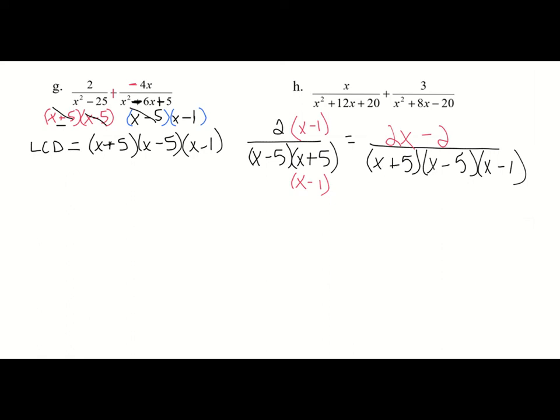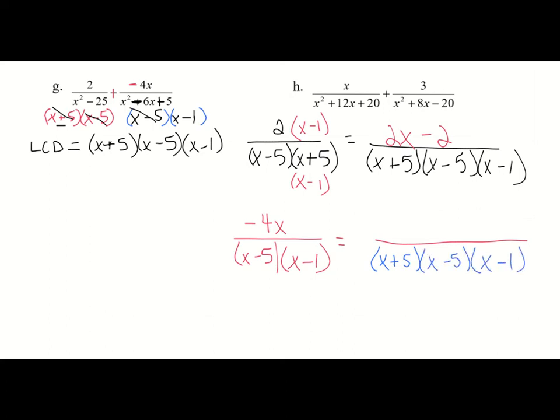And then our other one, we have negative 4x over, when it's factored, the correct trinomial, x minus 5 times x minus 1. And I need it to be x plus 5 times x minus 5 times x minus 1.